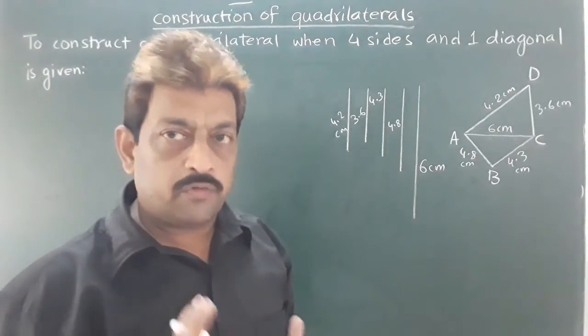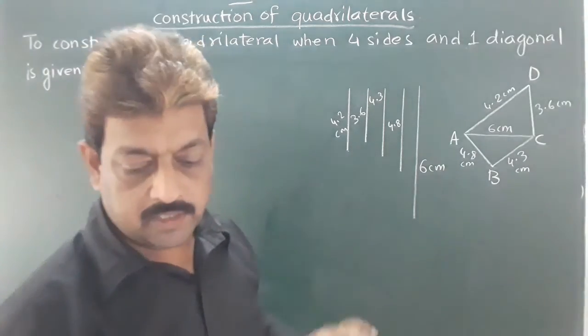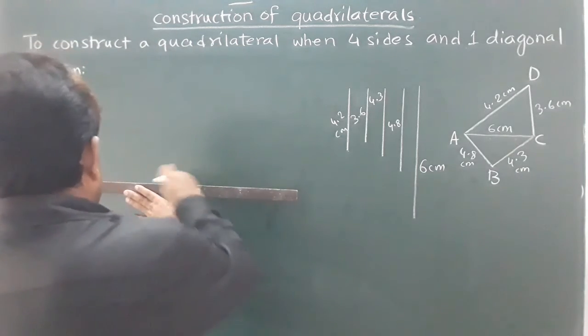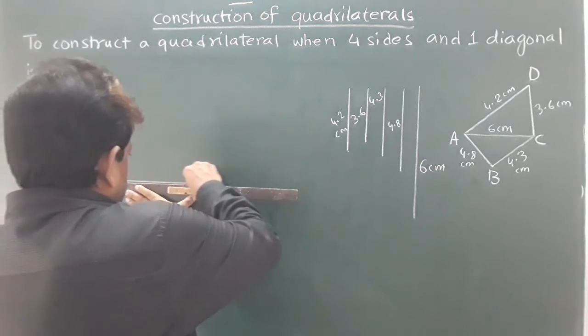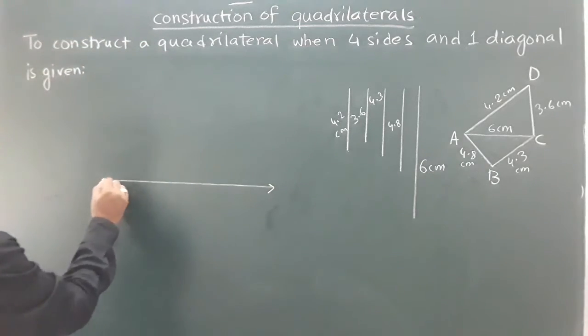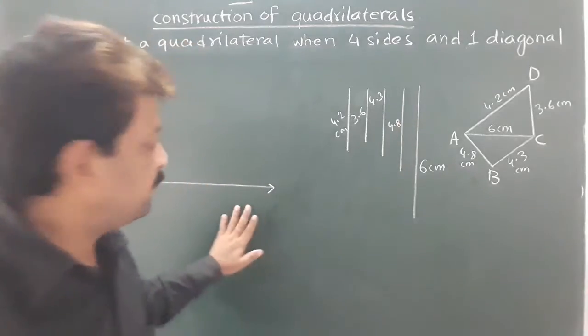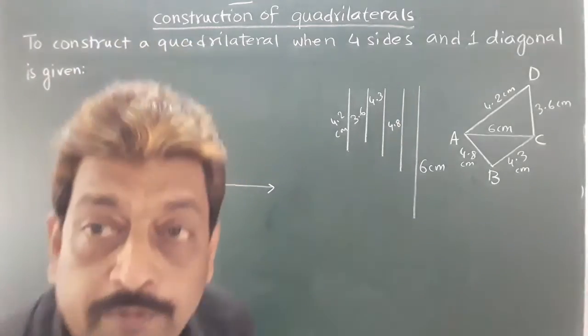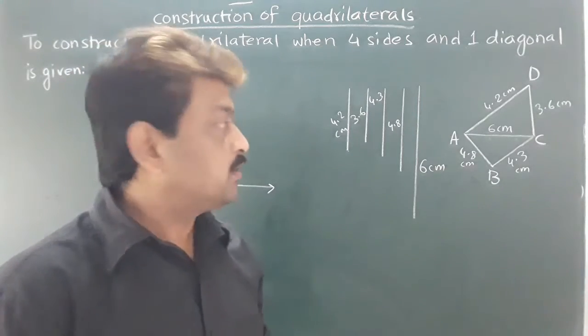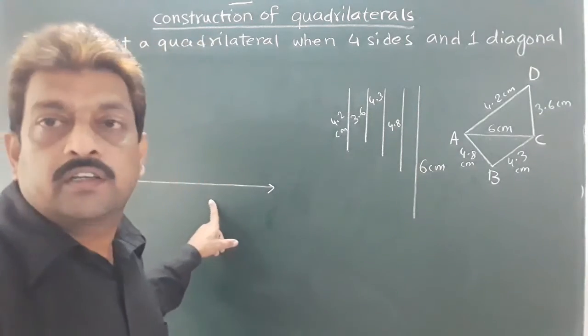Now we have to start with the diagonal 6 centimeter. So first of all, draw one horizontal line, a little bit bigger than this length, because we have to take the measure with the help of compass from this line and construct it here.